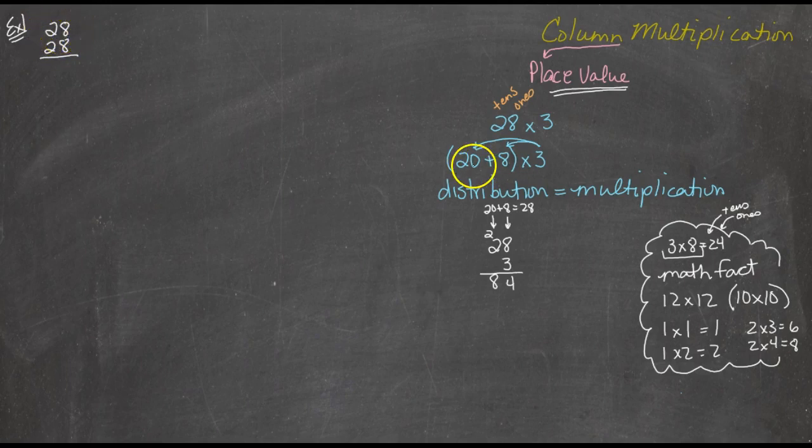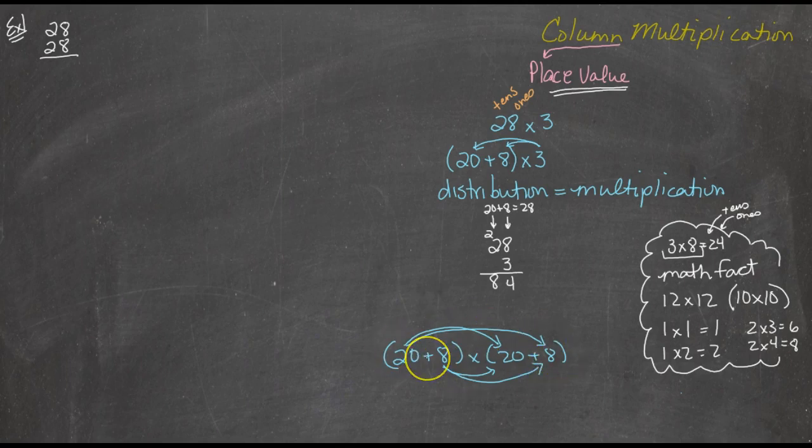If I wrote it in this other form, I would be saying 28, which is the same as 20 plus 8, and I would have to multiply that times 20 plus 8. If I used arrows to keep myself organized, I would say, first I want to multiply the 20 times the 20, then I have to multiply this 20 times the 8, but now I have an 8 that has to be multiplied into the 20 and an 8 that has to be multiplied to the 8.